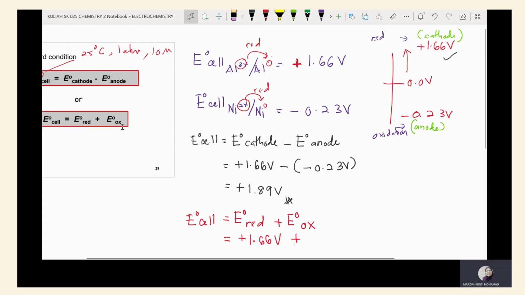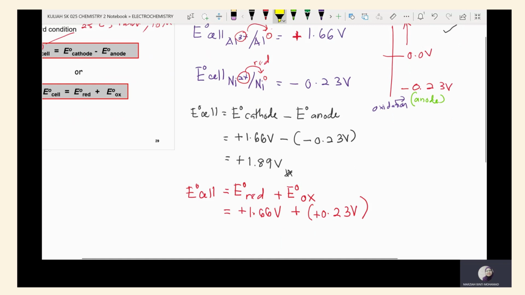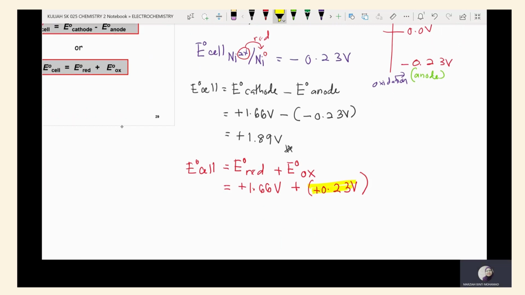So from negative 0.23 it becomes positive 0.23 volt. This is the difference. That's why we put a plus sign here. And finally, you still get the same answer, which is positive 1.89 volt.